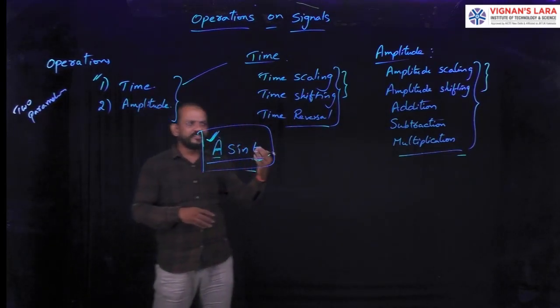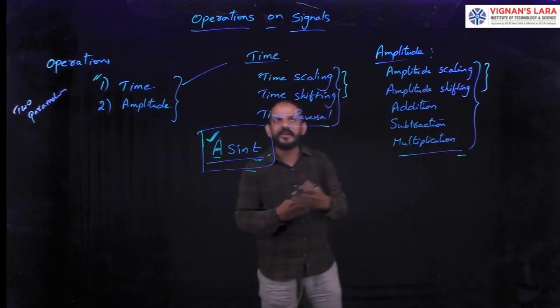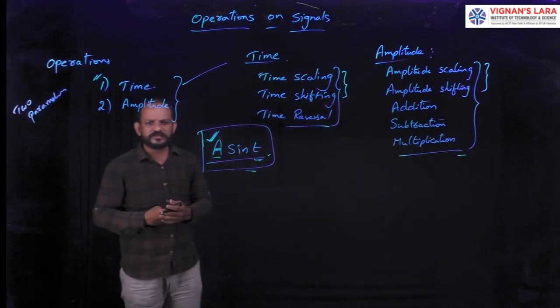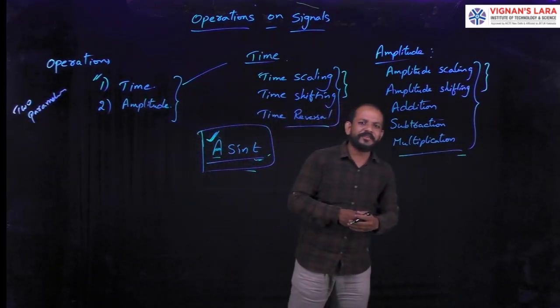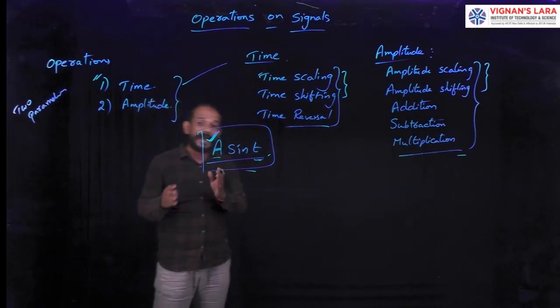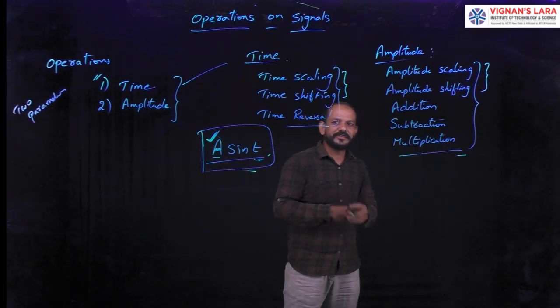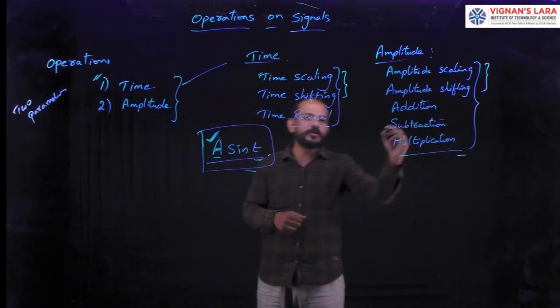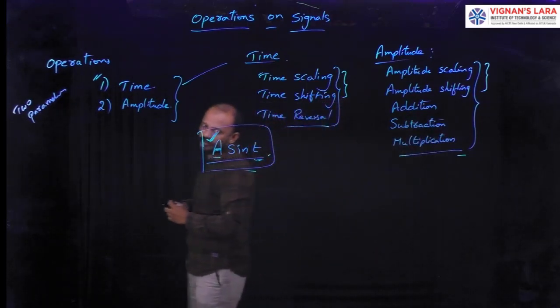Addition, subtraction, and multiplication are performed on two numbers. In the same way, we can perform them on two signals also. Simple logic: if I want to add two continuous signals, then I have to add the values at every instant of time.